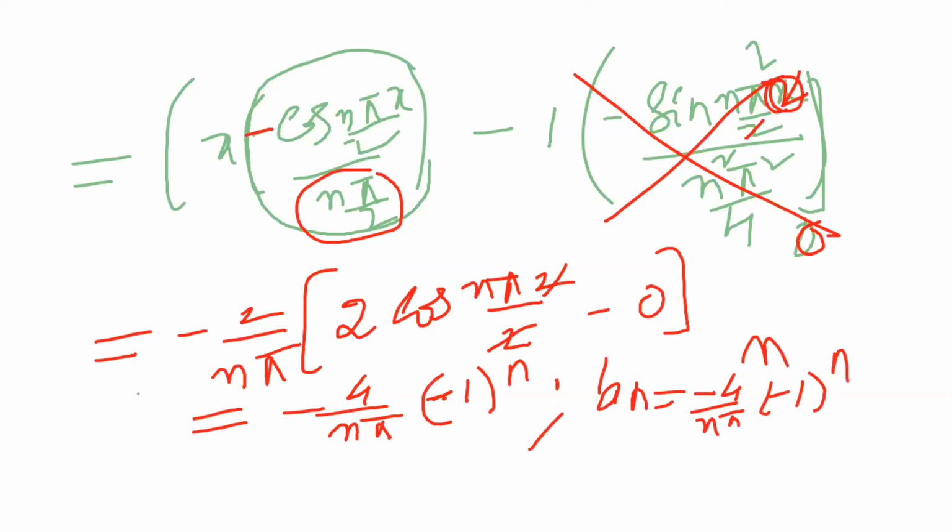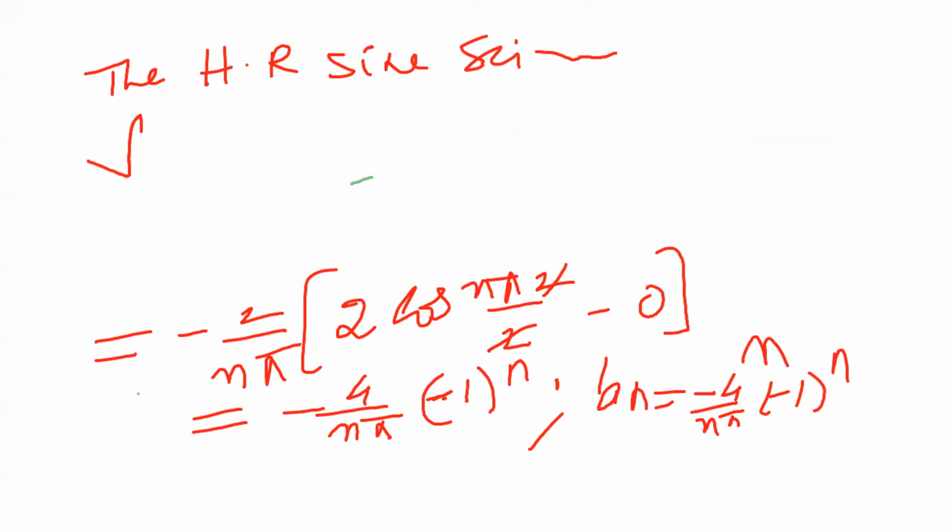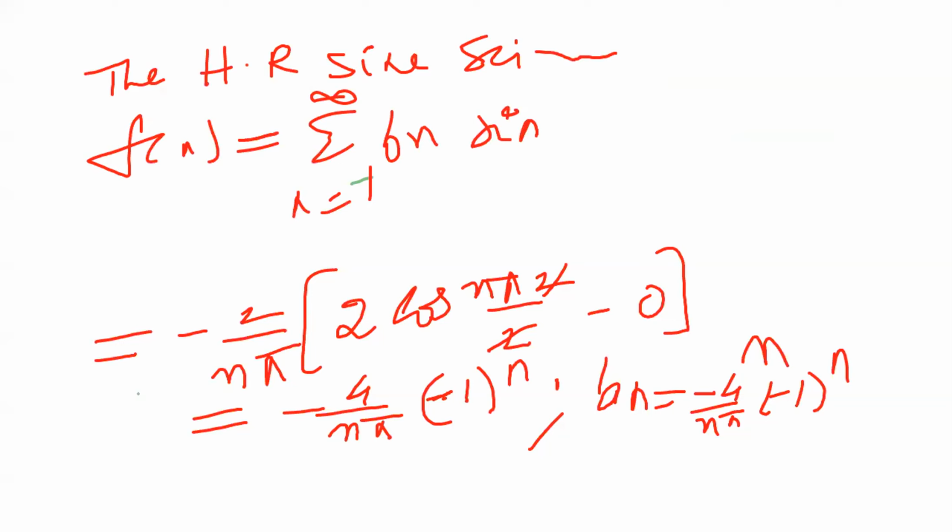Substituting this Bn into the f of x series, the half range sine series of f of x equals sigma n equals 1 to infinity Bn sine n pi x by c, here c equals 2.